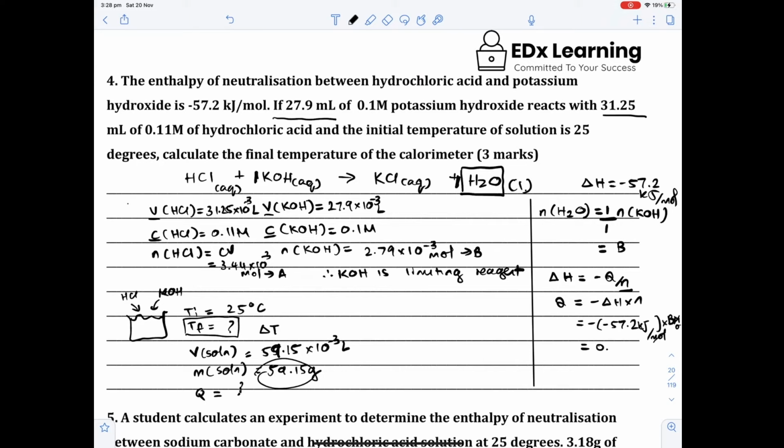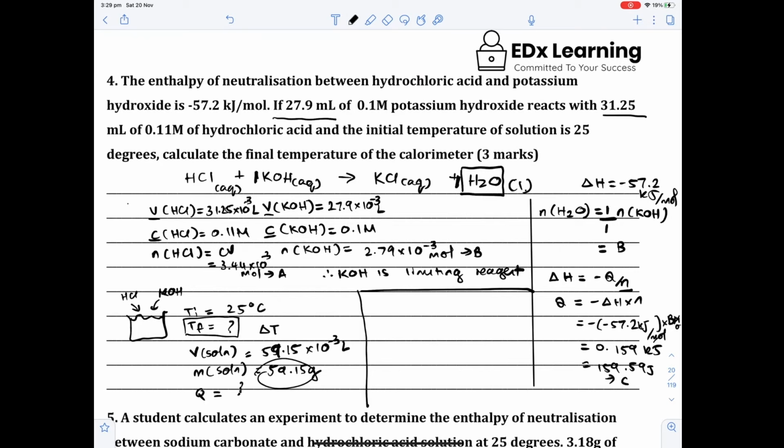Okay, and that's kilojoules, right? Good, 159.59. Yep, joules. We'll store that as C. Has everyone got that? Okay.